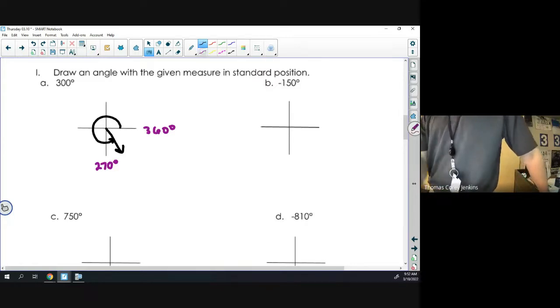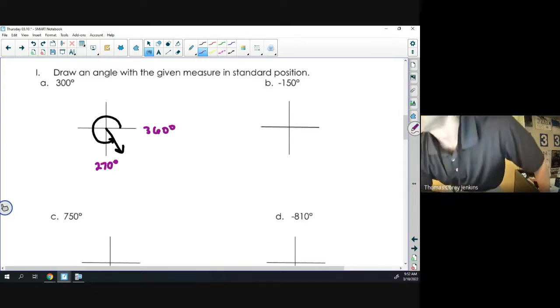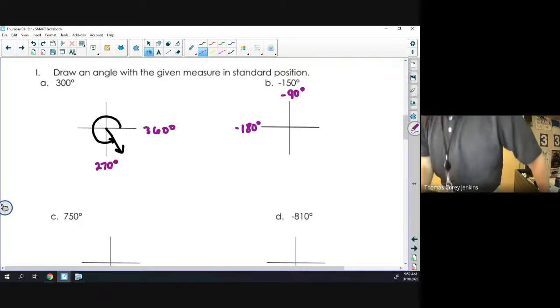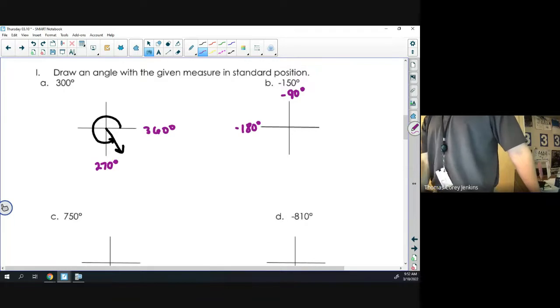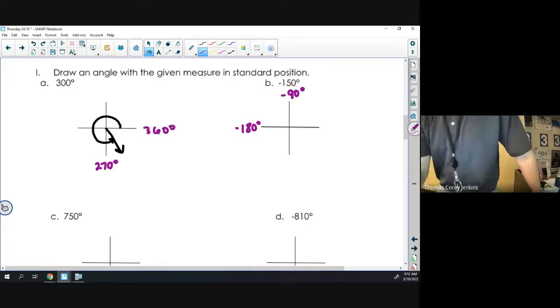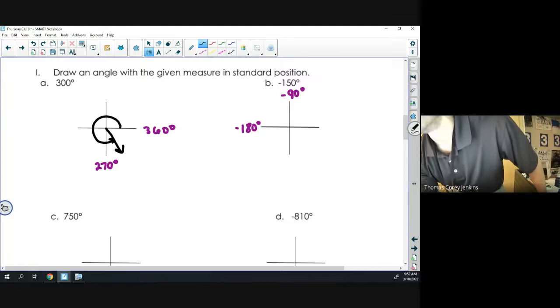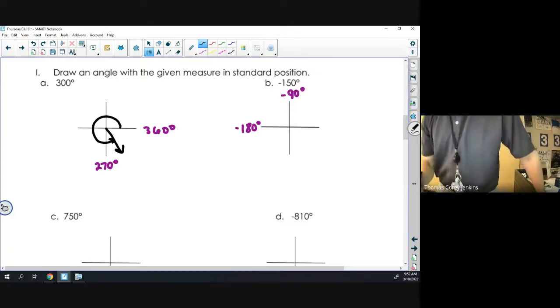Okay. So think about what benchmarks are we in between. That'd be in between negative 90 and negative 180. All right, and which one am I going to be closer to in this case? Which of the two benchmarks, negative 90 or negative 180? Andrew? 180. 180, good. Okay. So, sorry, I did that wrong, didn't I?